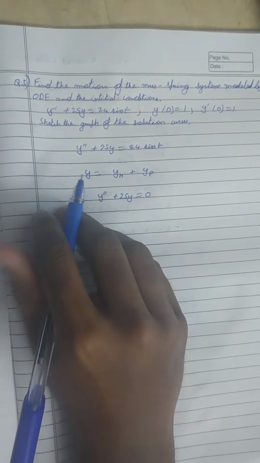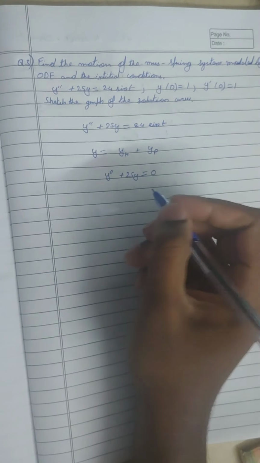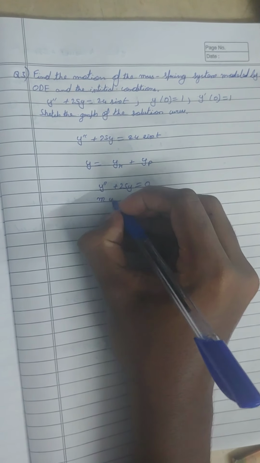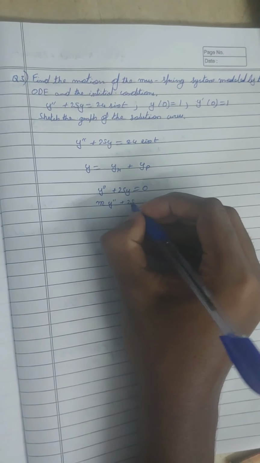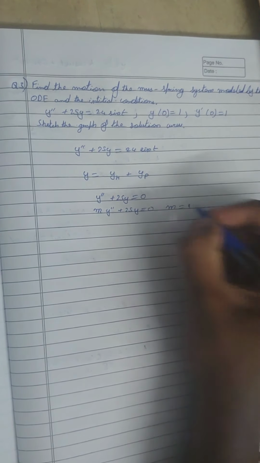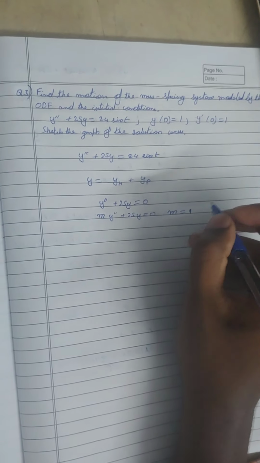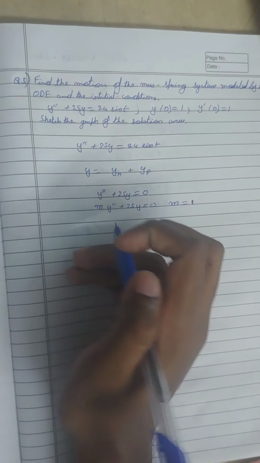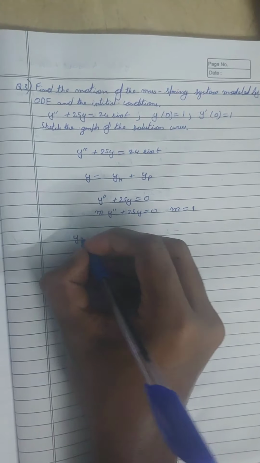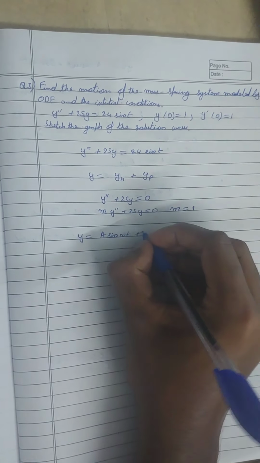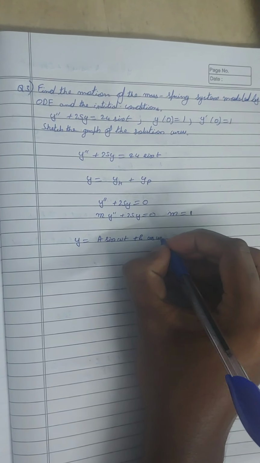which represents a basic undamped oscillation, which is m y double dash plus k y is equal to 0, where m is equal to 1 here. So the motion equation of an undamped mass spring system is y is equal to a sin omega t plus b cos omega t.